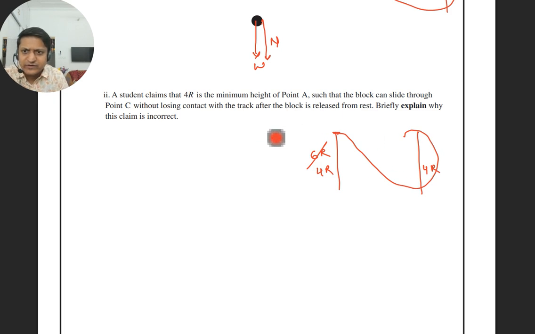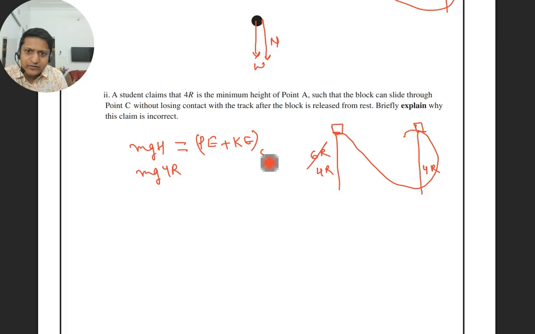Okay, so basically, if both these heights are the same, what will happen? The potential energy here will be mgh, which equals mg(4r), which will be equal to the potential energy plus kinetic energy at point C. The potential energy at point C will be mg(4r).